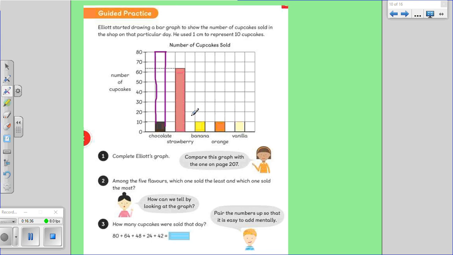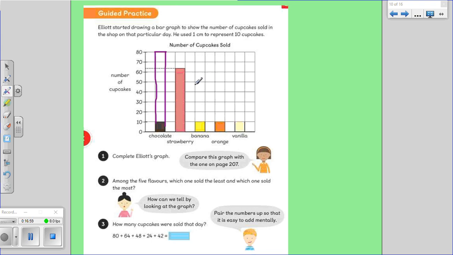Now, there isn't 48 on here, but I need to look, where does that 48 fit into on this graph? Well, 48 is in between 40 and 50. So we can think, well, 45 is going to be halfway, and 48 is in the middle of that. So it's about 3/4 of the way.